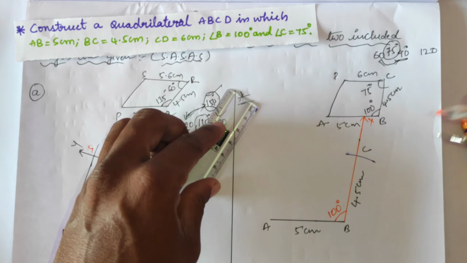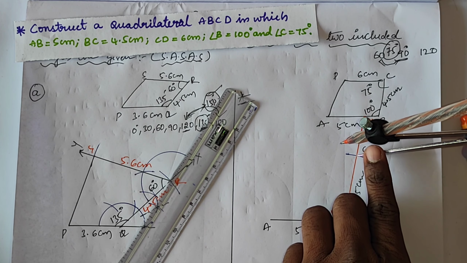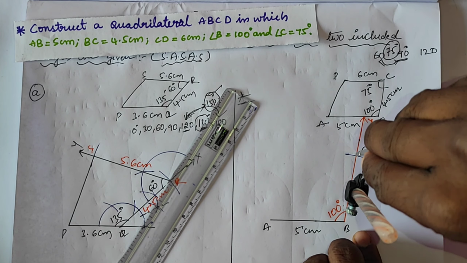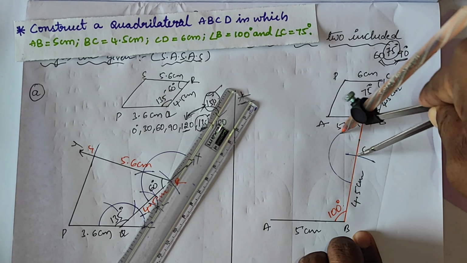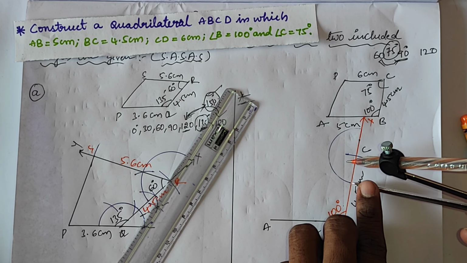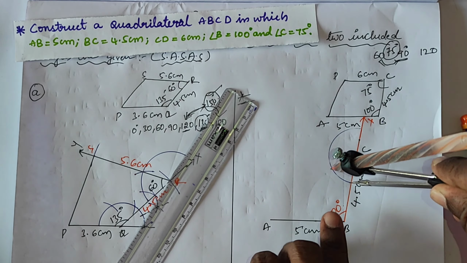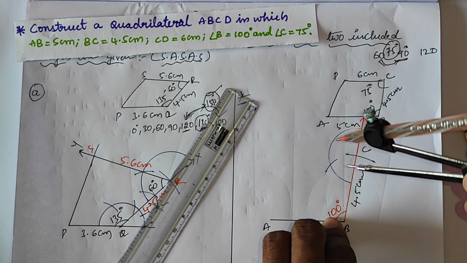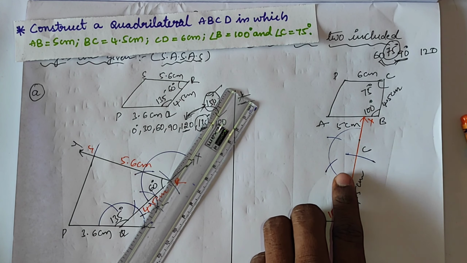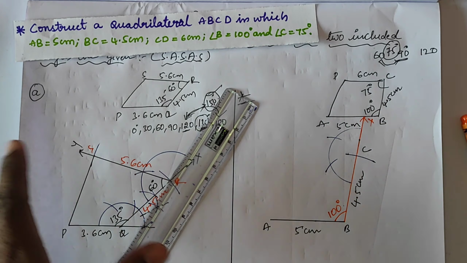So measuring some radius, considering B as a center, drawing an arc. Now taking this intersecting point as a center, cutting the previous arc. This is 60. If you double 60, you will get 120 degrees. 60 and 60, 120.